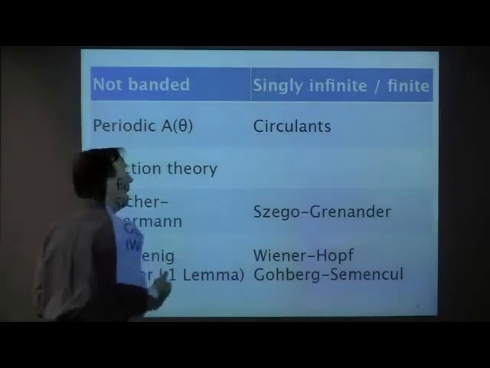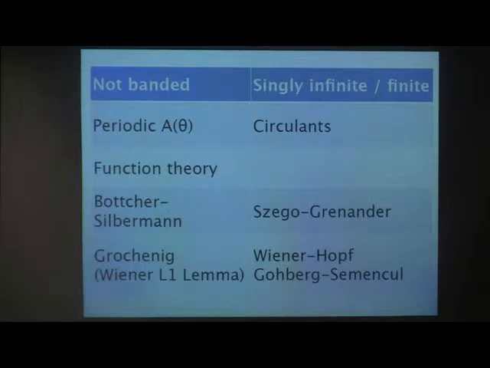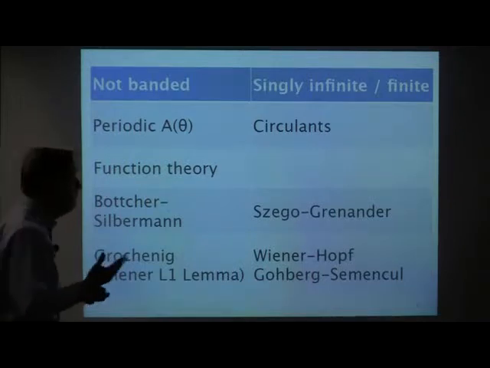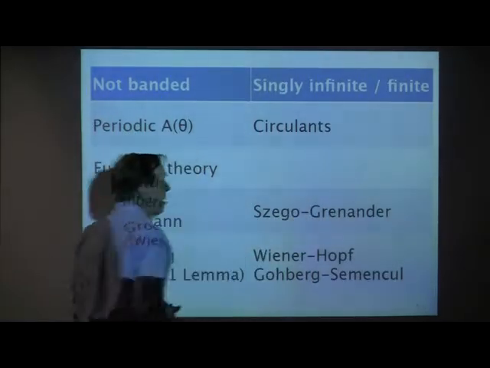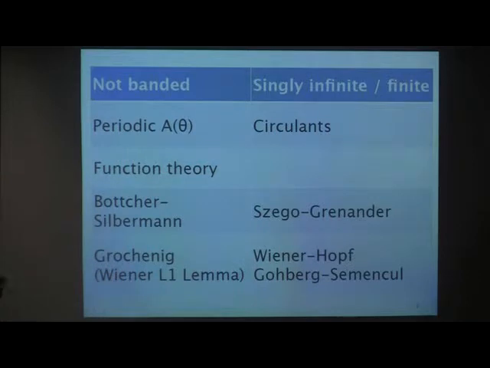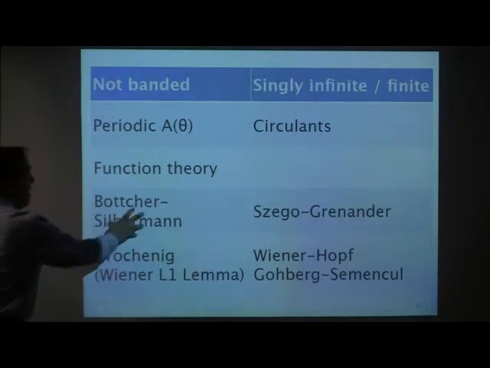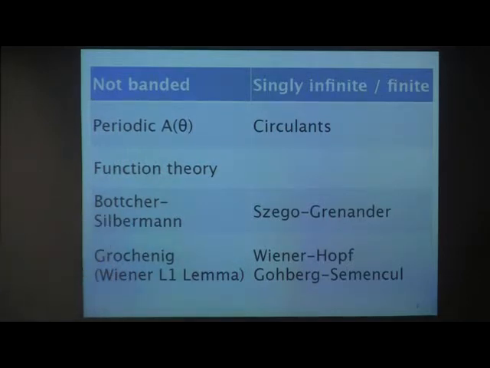So for circulant matrices, we're good again. But the real Toeplitz work was, as reflected in the early book by Grenander and Szegő, and then the encyclopedic work of Böttcher and Silbermann, mostly about the singly infinite case.